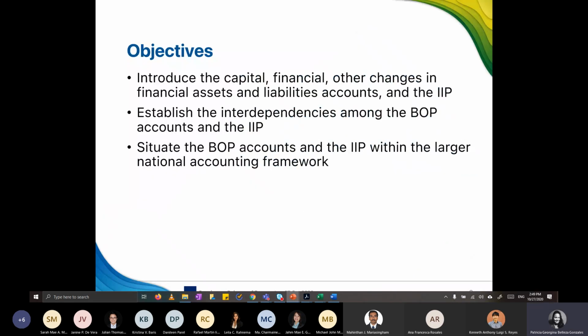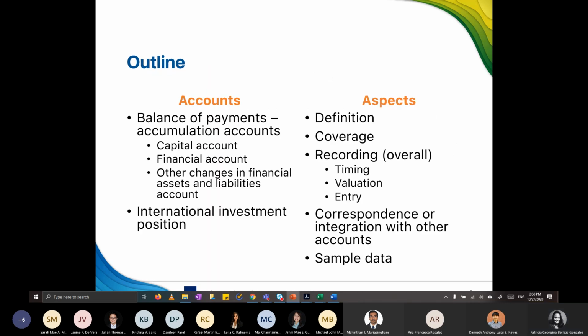The objectives of the second half of the session are to introduce the capital, financial, and other changes in financial assets and liabilities accounts, as well as their relationship to the international investment position. Another objective is to establish the interdependencies among the BOP accounts and the IIP, and also to situate the BOP accounts and the IIP within the larger national accounting framework.